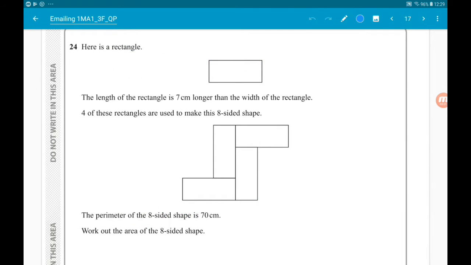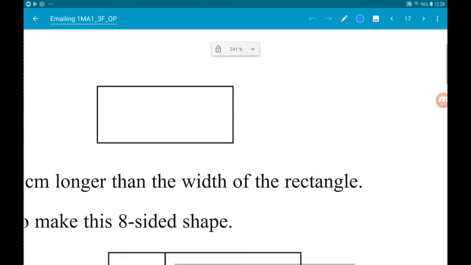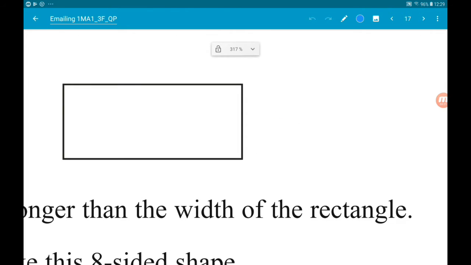Okay, number 24. So we're given a rectangle and we are told the length of the rectangle is 7 centimeters longer than the width. So before we go any further, let's think about what that means. We don't know the value of either.